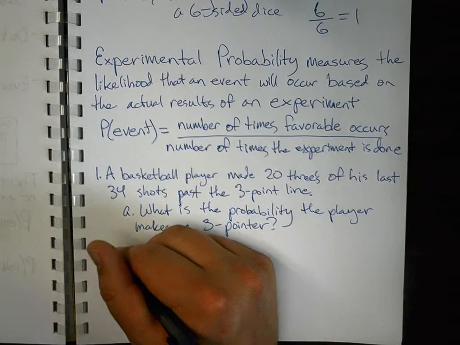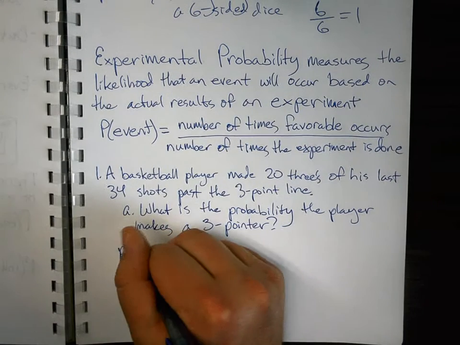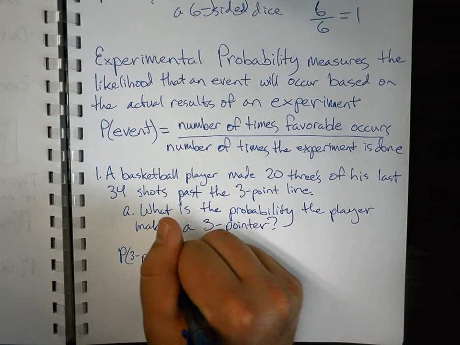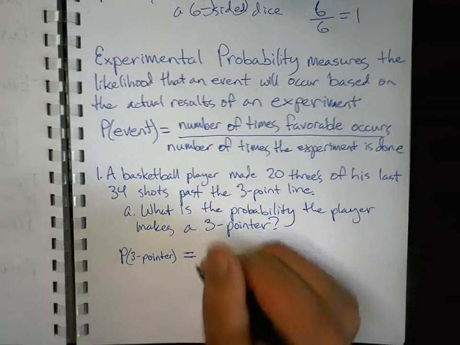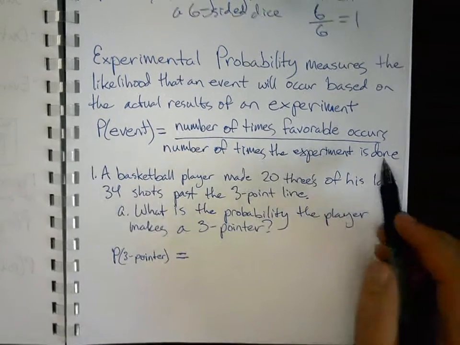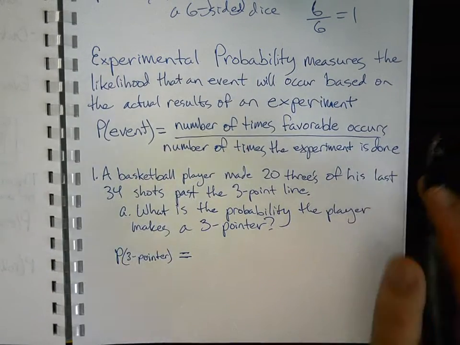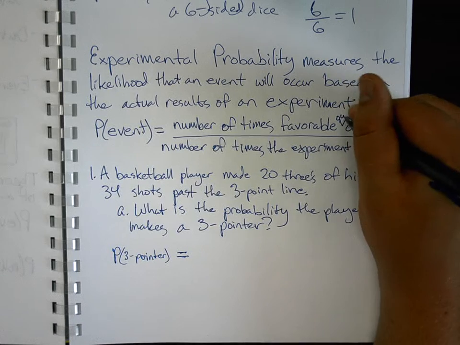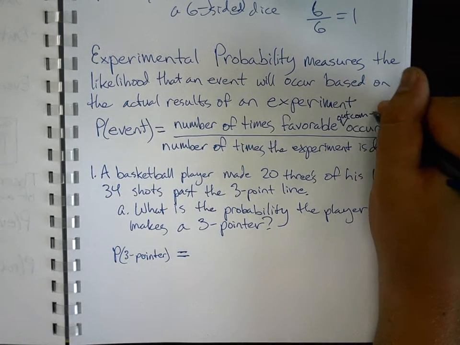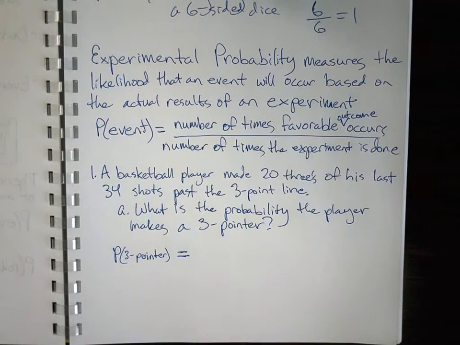Well, probability of a three-pointer, let's say. And our formula here is the number of times a favorable outcome occurs. Sorry, should add outcome up there. What's our favorable outcome here? Anybody know?